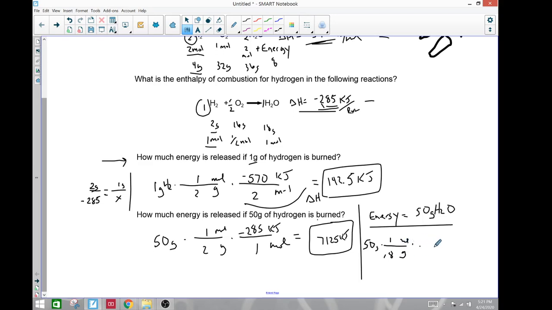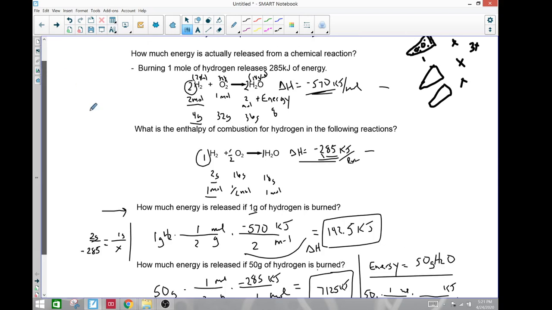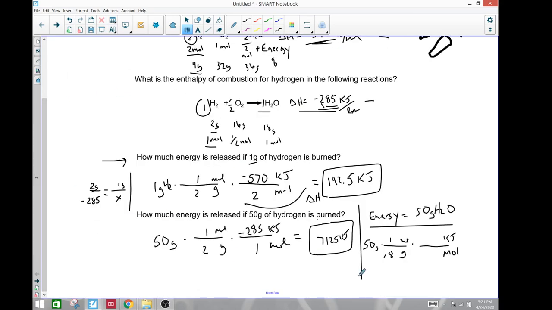And then get rid of moles and go to kilojoules. And it wouldn't matter which ratio you used. I can use the 1 to 285 or 2 to 570. I flipped them back and forth. Okay, and that would give my answer. Divide, multiply, and that gives you your answer.